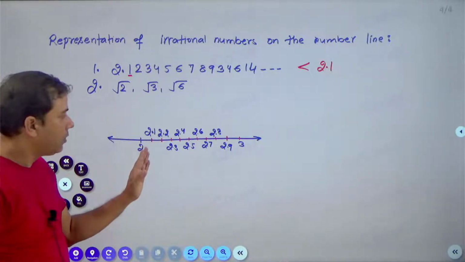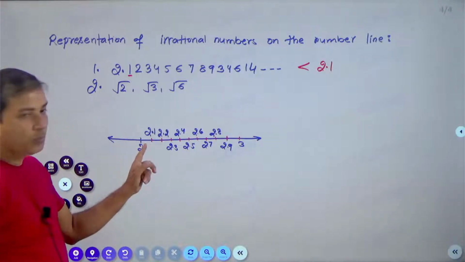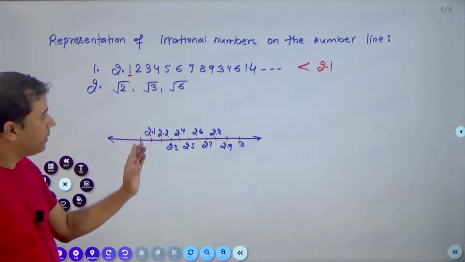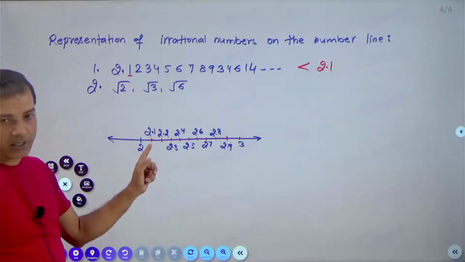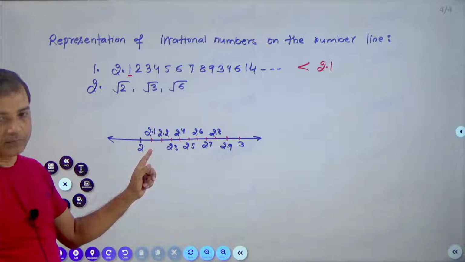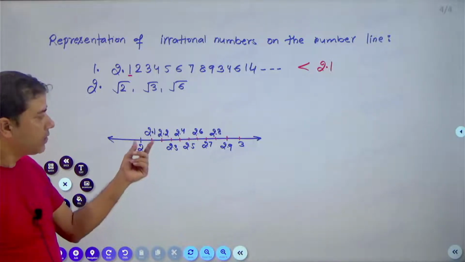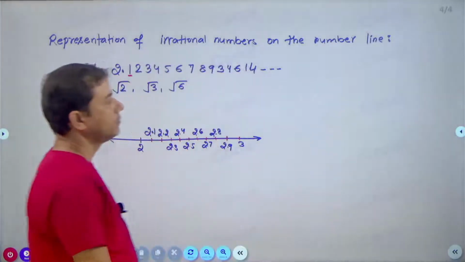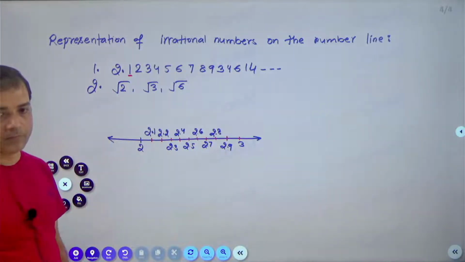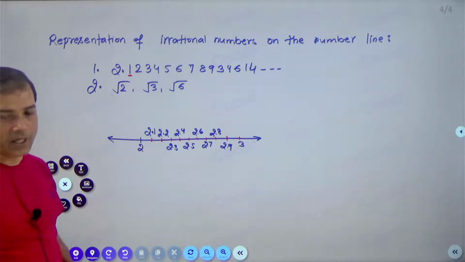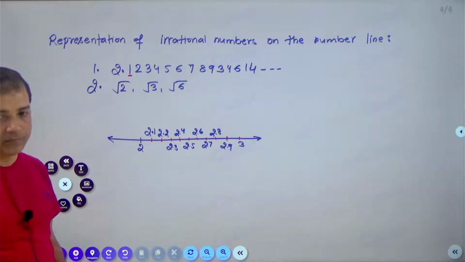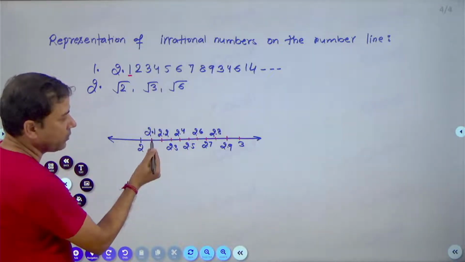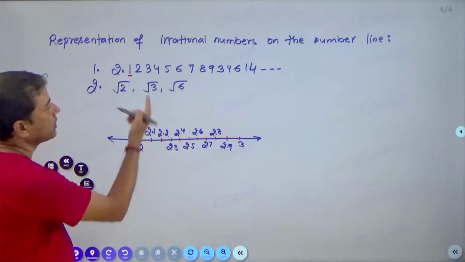Greater, then how can it be on the left side of 2.1? If this is greater than 2.1, then this number should be on the right side of 2.1, isn't it? Yes. So between which two numbers should this lie? 2.1 and 2.2. Exactly. It's more than 2.1, so on the right side of 2.1, but on the left side of 2.2. This is lesser than 2.2.